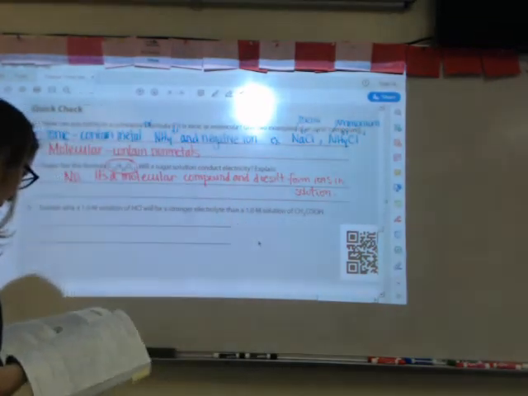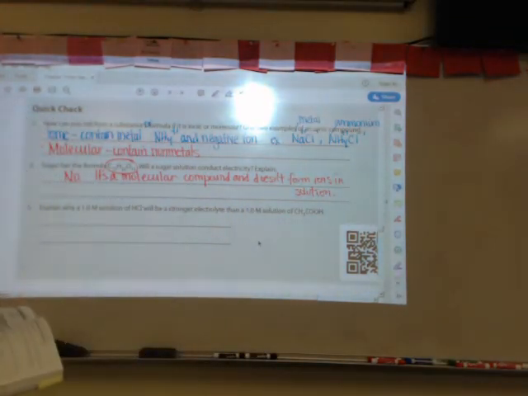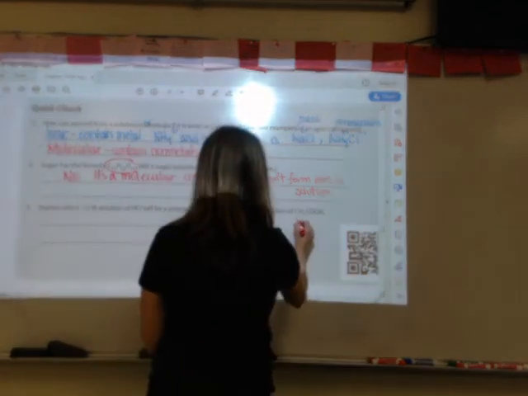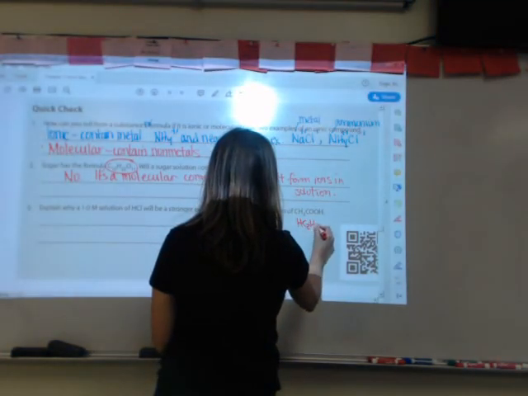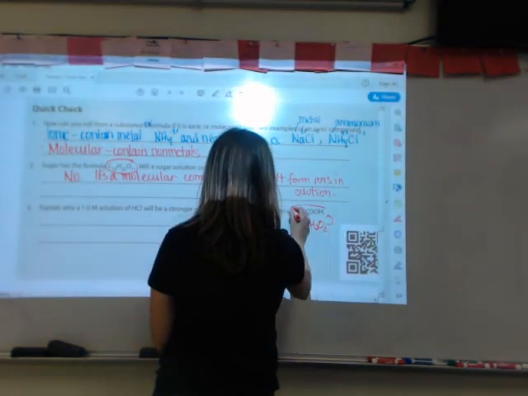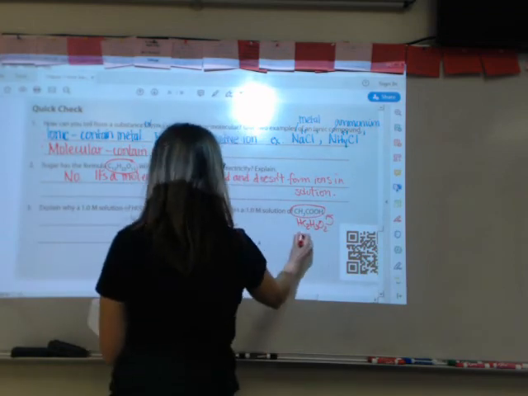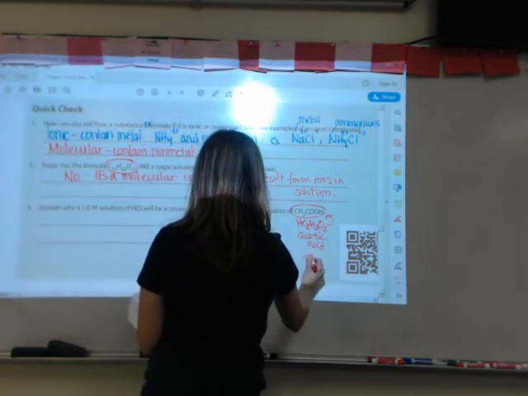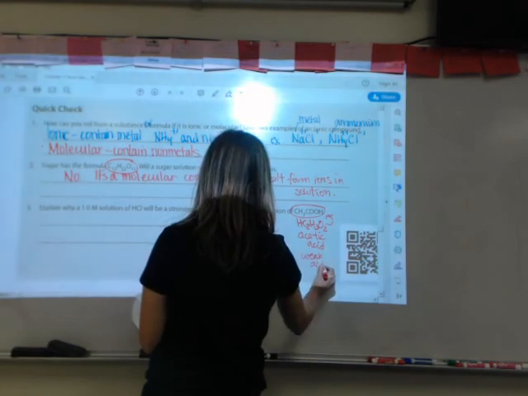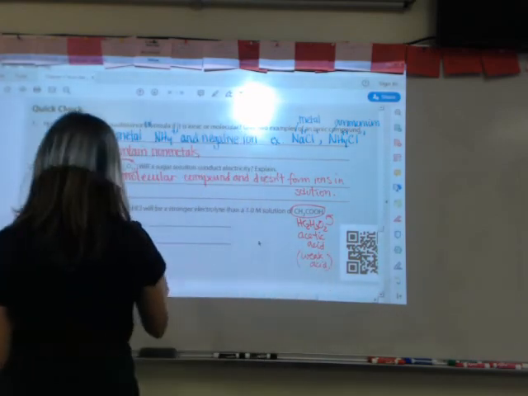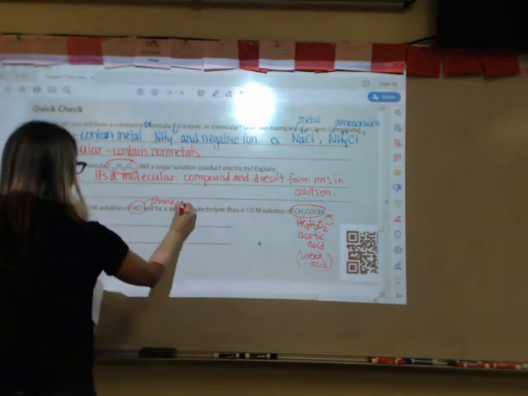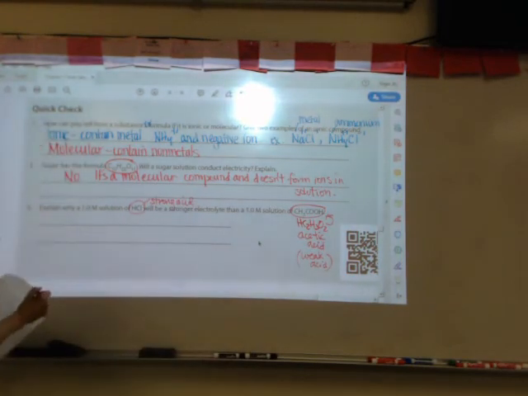Number 3, explain why a 1 molar solution of HCl will be a stronger electrolyte than a 1 molar solution of CH3COOH, which is acetic acid. Acetic acid is a weak acid, so it's not completely ionized, whereas HCl is a strong acid, which is 100% ionized.